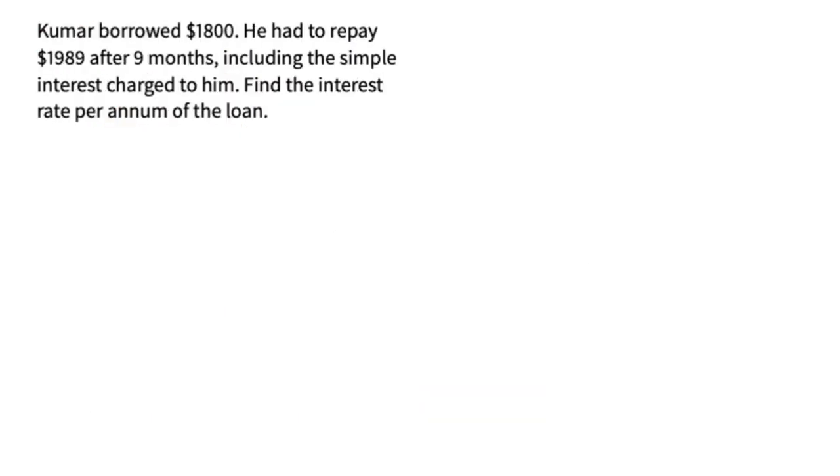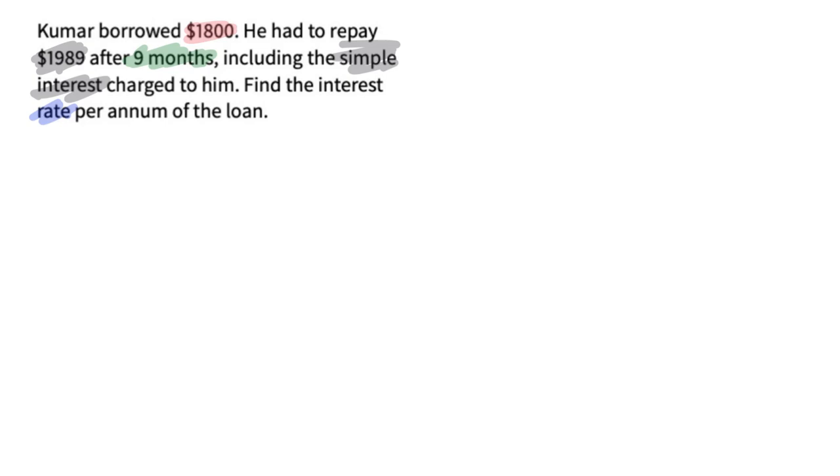Hello everyone, welcome to this problem where we are given that this is still a simple interest question. And we have the P, and he has to repay this after 9 months. Find my interest rate.